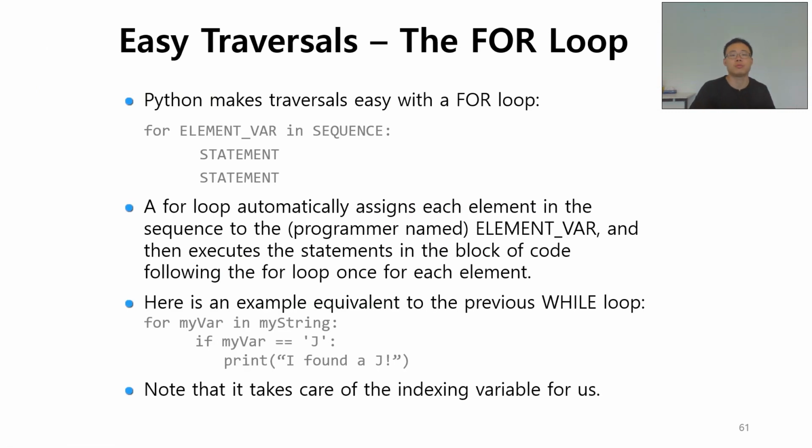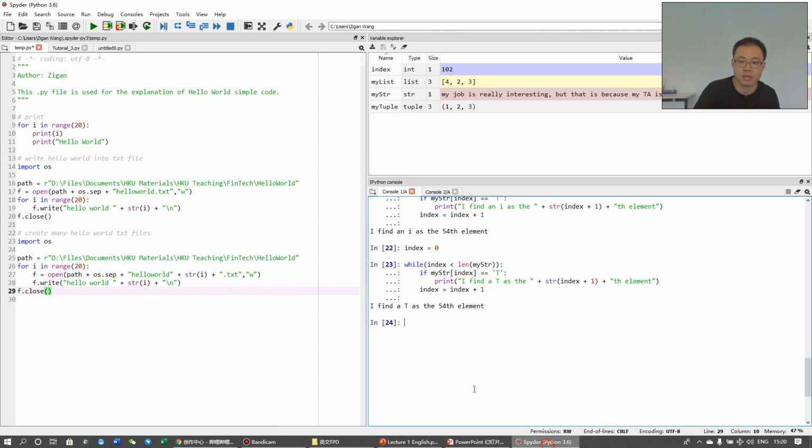So you can also do the traversal using the for loop. Python makes traversals easy with the for loop. When you use the while loop, you need to use the index, but it's easier to use the for loop because for every compound data type, you can use a for loop to directly search for the elements within this data type.